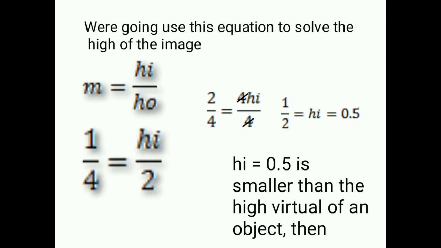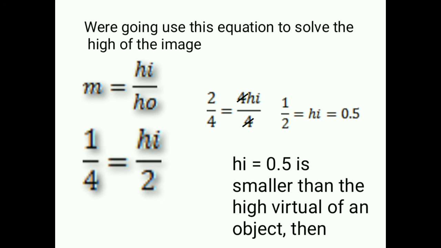And we're going to use the equation to solve the height of an image. So 1/4 is equal to the height of an image over 2. Cross multiplication now will be 2 is equal to 4hi. Now 4hi will be divided by 4 to find the height of an image.